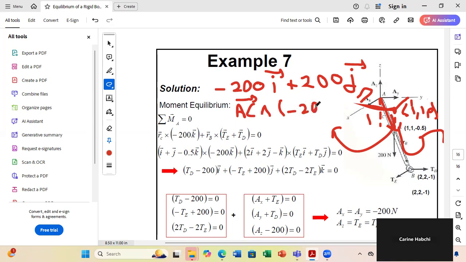Let us now replace AC vector by its expression. A is the origin of our frame, and point C has coordinates 1, 1, minus 0.5. So AC vector is i plus j minus 0.5k.